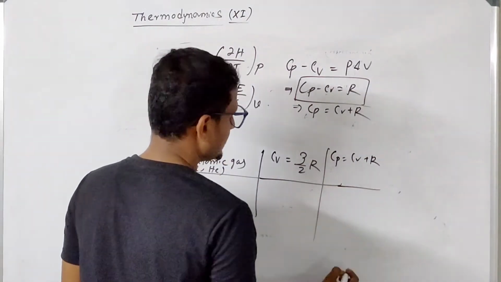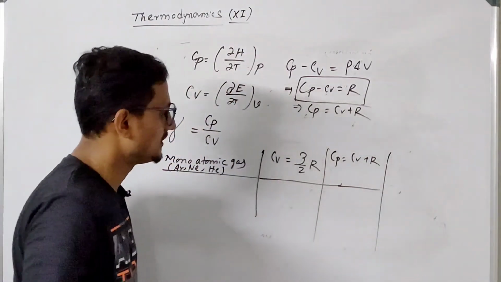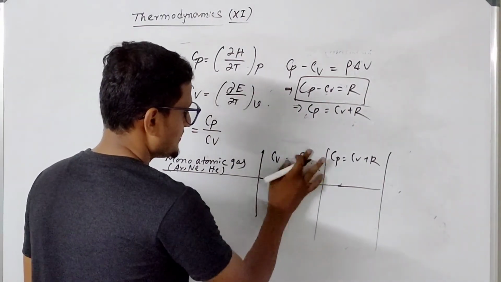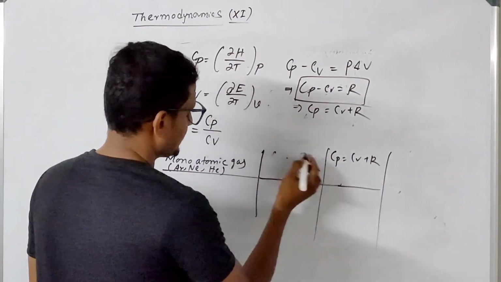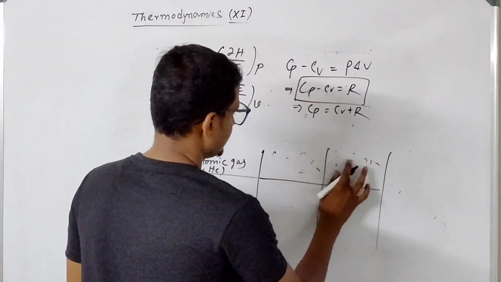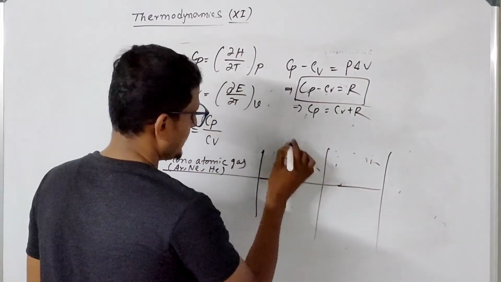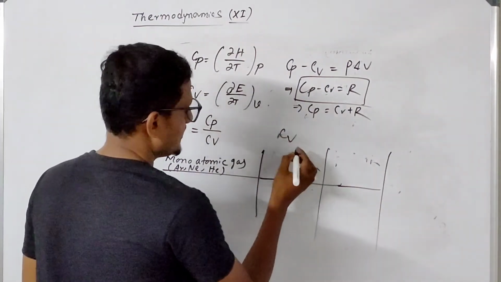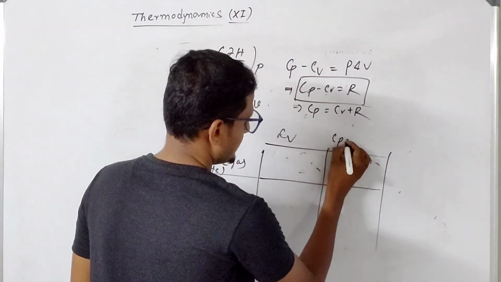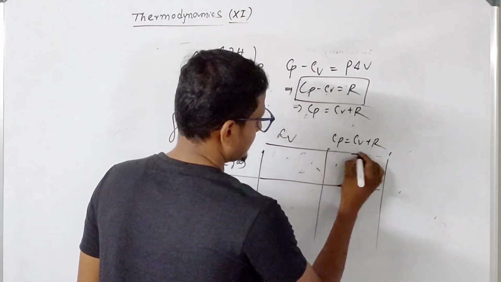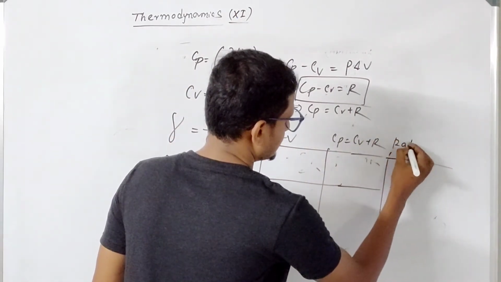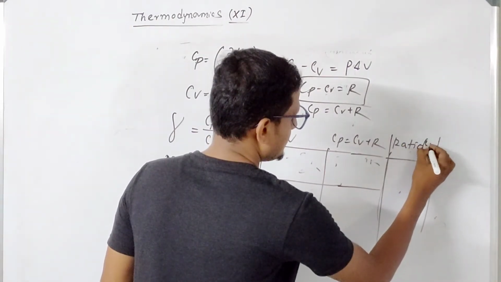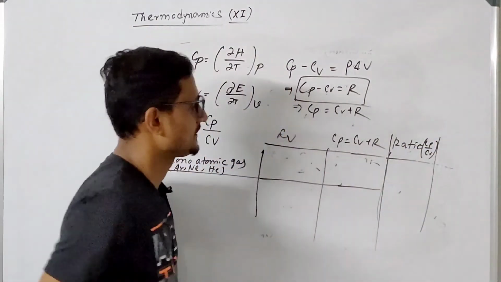We can find out the value of Cp here. I am writing this chart with columns for the value of Cv, the value of Cp, that is Cv plus R, and the ratio of Cp by Cv.